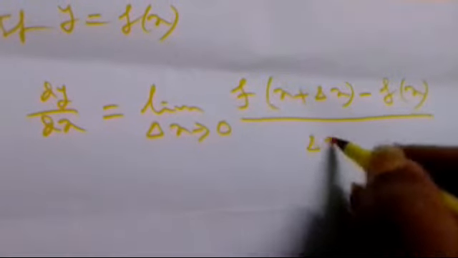Since y is a function of x, y plus del y corresponds to x plus del x, and del y is calculated as f of x plus del x minus f of x, divided by del x. If we observe it, it also takes the form of 0 by 0.